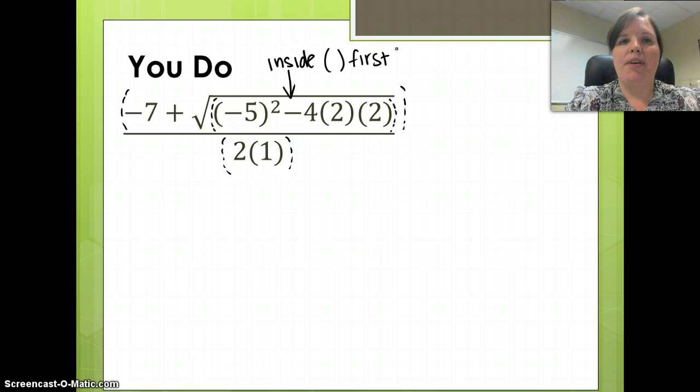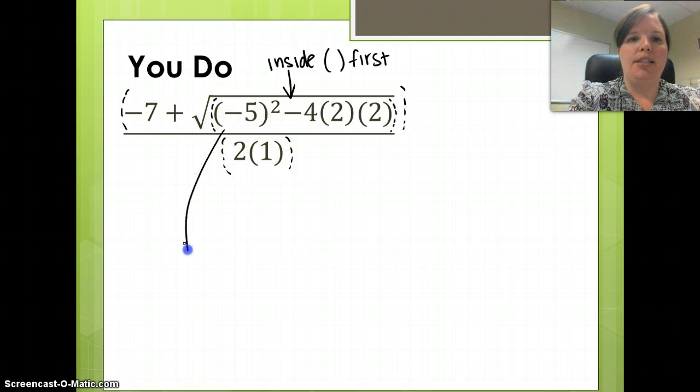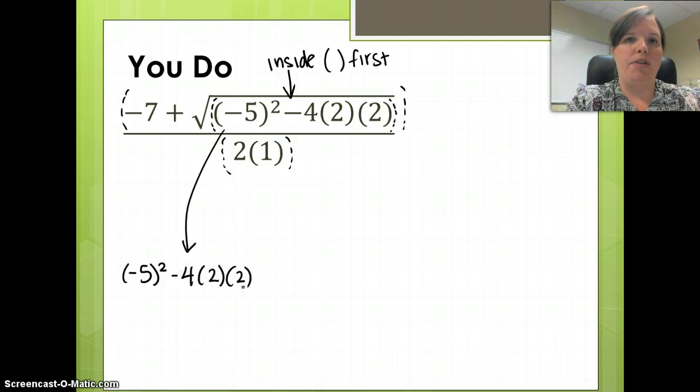So I'm going to take this down here and simplify it on the side. I'm going to take negative 5 squared minus 4 parentheses 2 parentheses 2, and simplify that first. In order of operations here, exponent comes first. Negative 5 squared in the parentheses, negative 5 times negative 5 is positive 25.